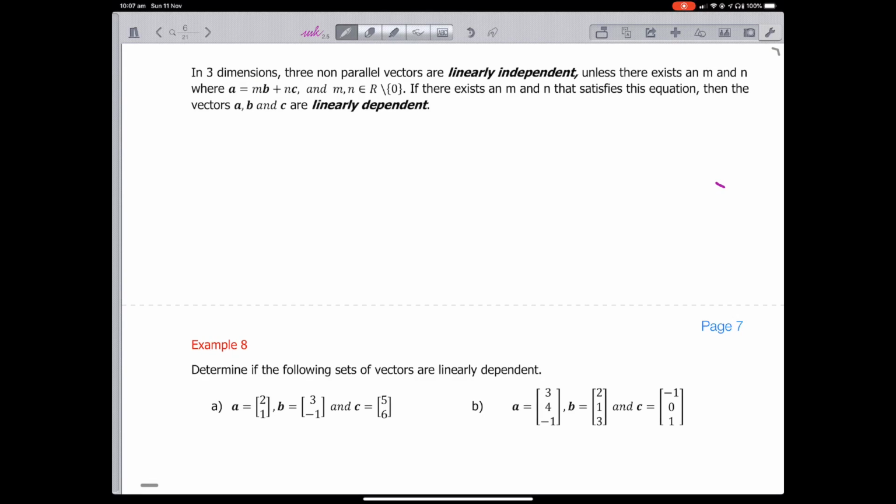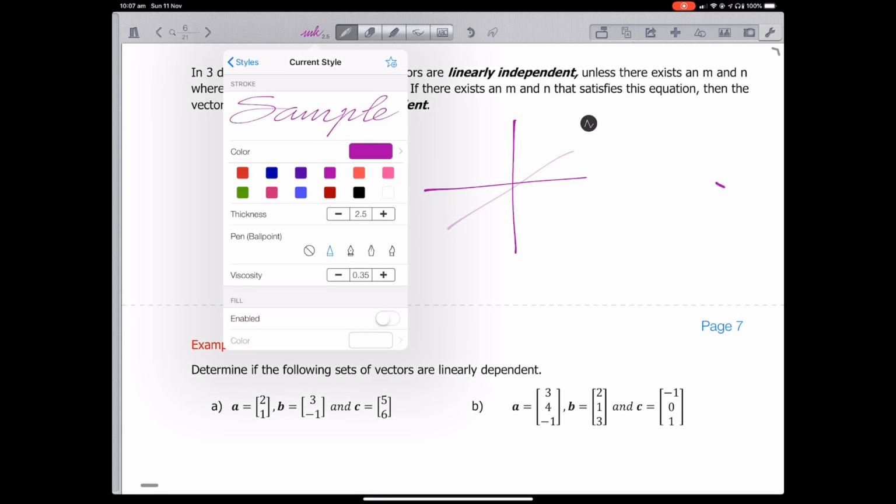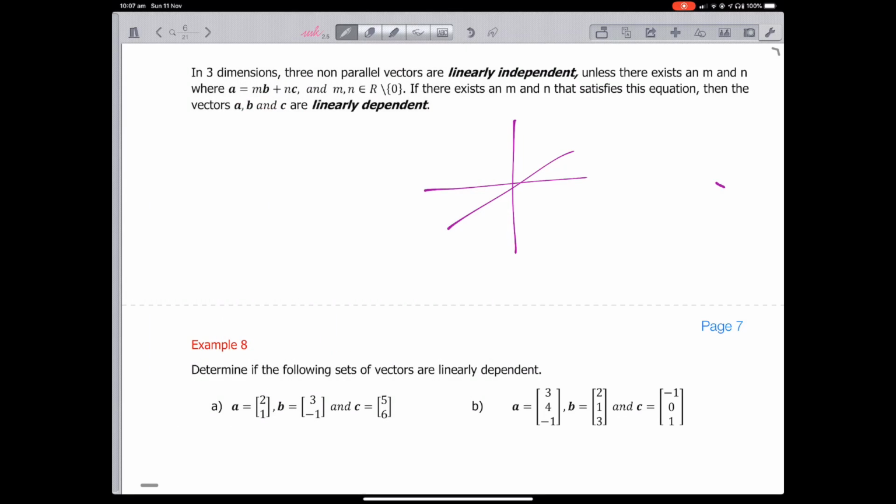Now, basically what that means is if I had a three-dimensional plane and I created X, Y, Z, if I had a vector X and a vector Y, so we'll say this is I, J, and K. Now, if you look at these three vectors, they're linearly independent because they don't all lie in the same plane.